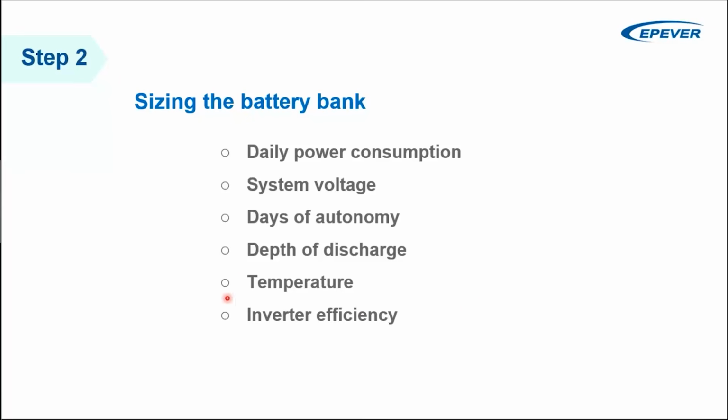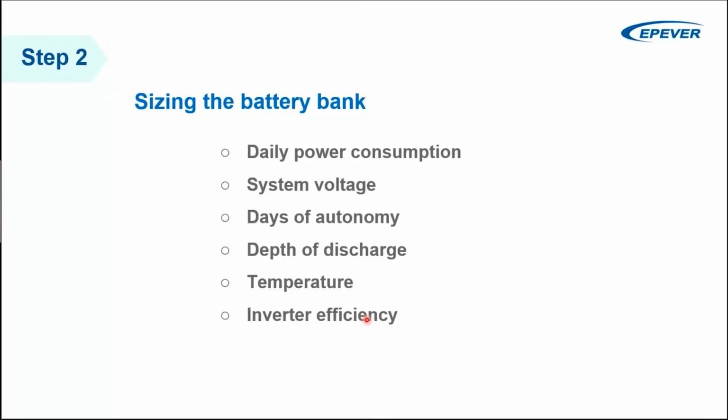Then the temperature also has an effect on designing the battery system, because in different temperatures you have different battery capacities. So you should take into account the worst case in the year to compensate for the temperature effects in your system.